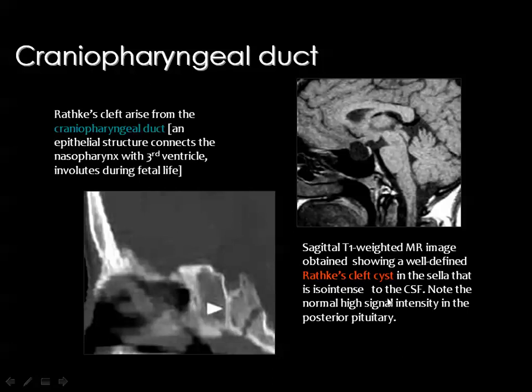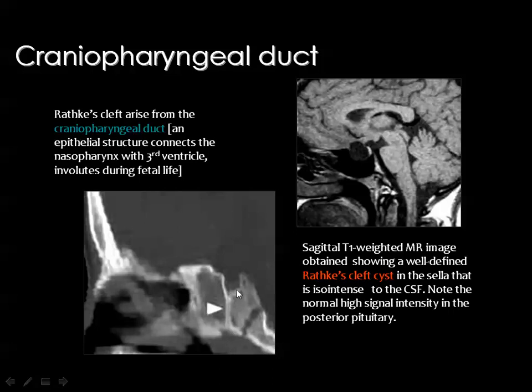Then one of the cysts occurring intracranially is the craniopharyngeal duct cyst, which is known as Rathke cleft cyst, and this cyst will result from persistence of the craniopharyngeal duct, which connects the nasopharynx to the floor of the sella.